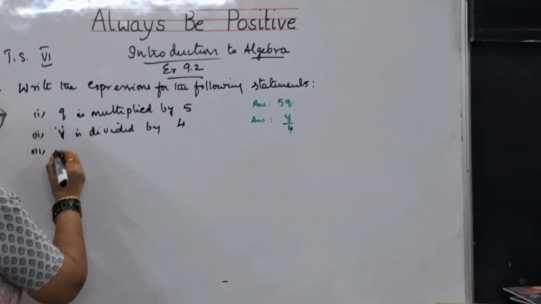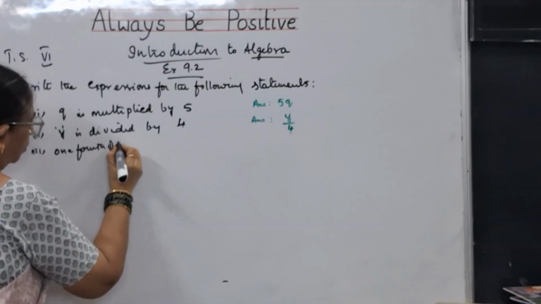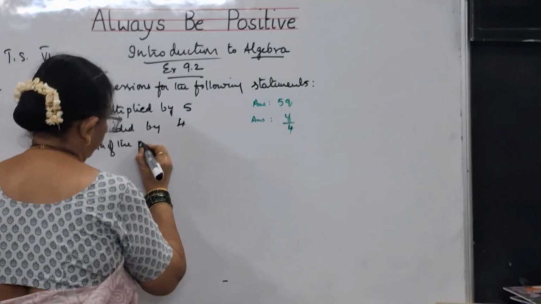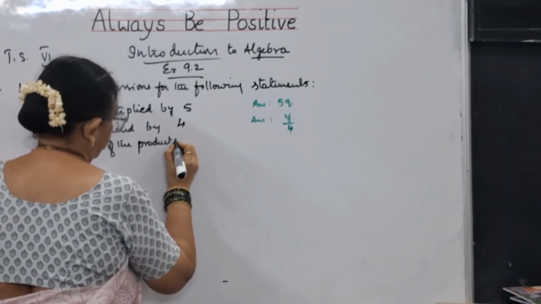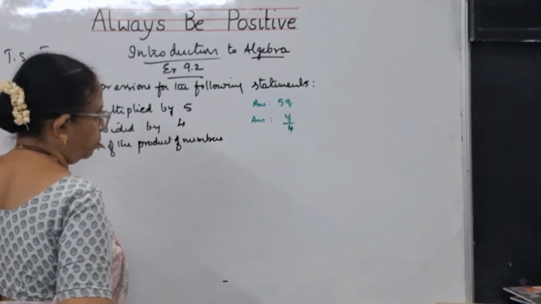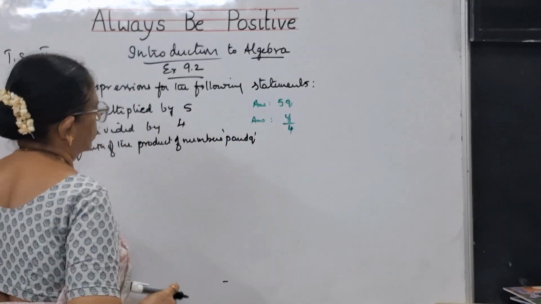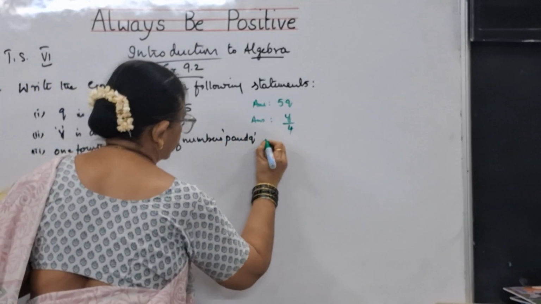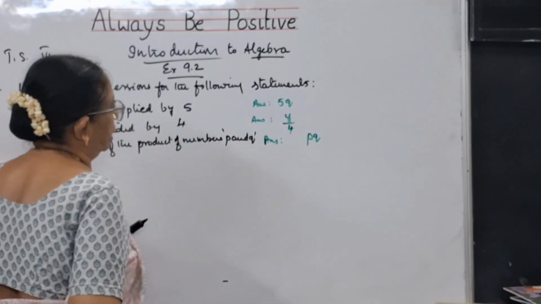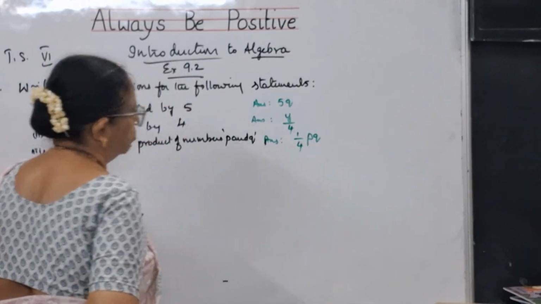1/4 of the product of numbers P and Q. So the answer here is, product of numbers P and Q is PQ, and 1/4 of product is 1/4 PQ.